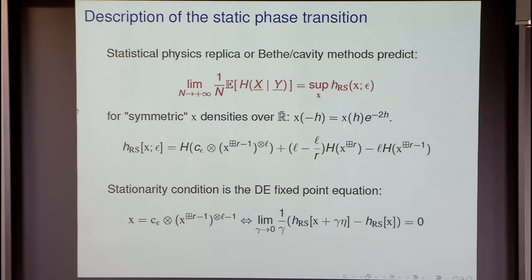Okay. Now, when you want to compute this sup, you look at the stationarity condition of this functional, and you get exactly this density evolution equation in the form of a fixed point equation. This was the equation that tracks the BP algorithm, just in the form of a fixed point equation.